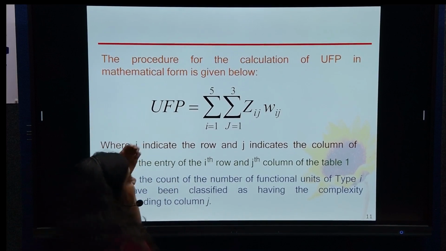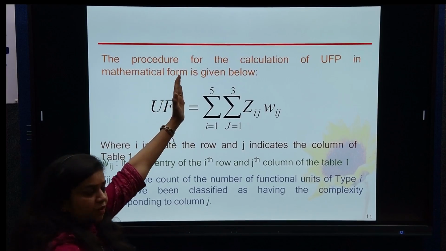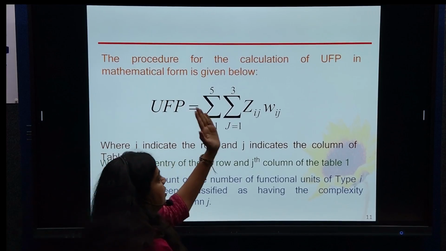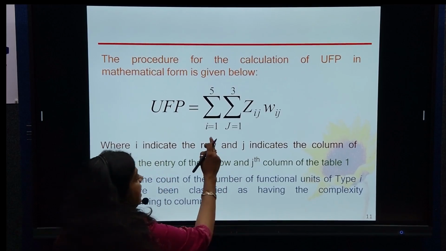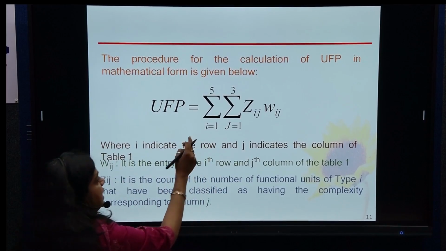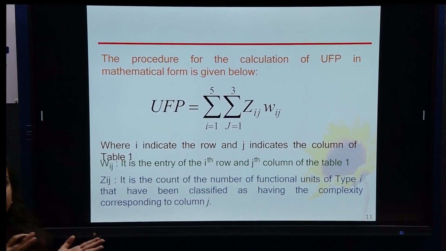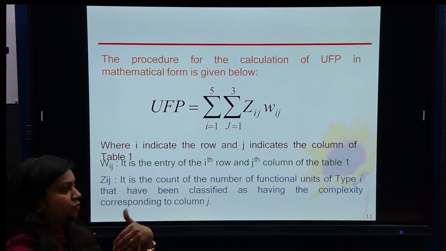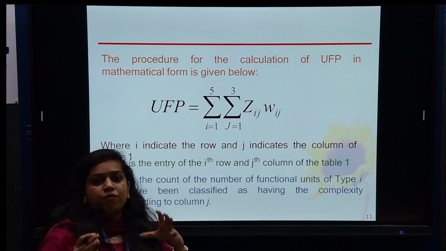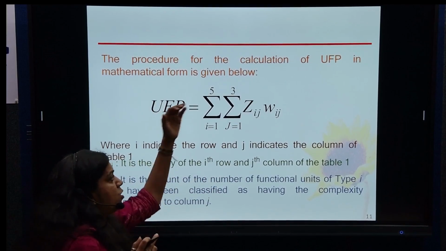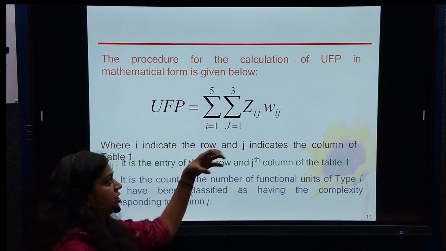UFP is calculated from the formula summation i equal to 1 to 5, summation j equal to 1 to 3, zij and wij. Here i indicates the row and j indicates the column of the weight factor table that we will understand further. Zij refers to the count of function points, meaning how many functional units there are and the count of these functional units.